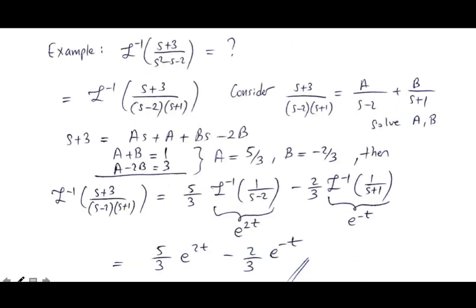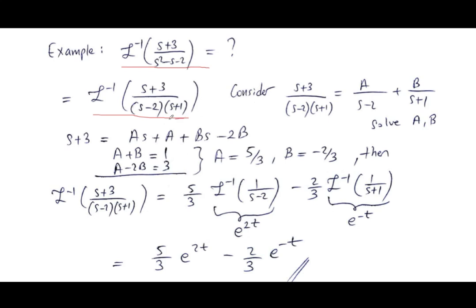Now, in this example, we are asked to find the inverse Laplace transform of this fractional expression. In this type of expression, your goal is to simplify this as the sum of two expressions that are more simple.